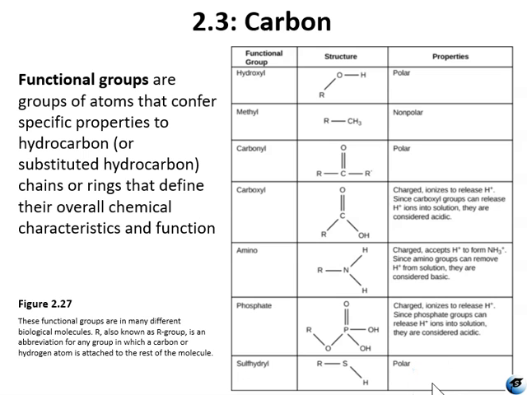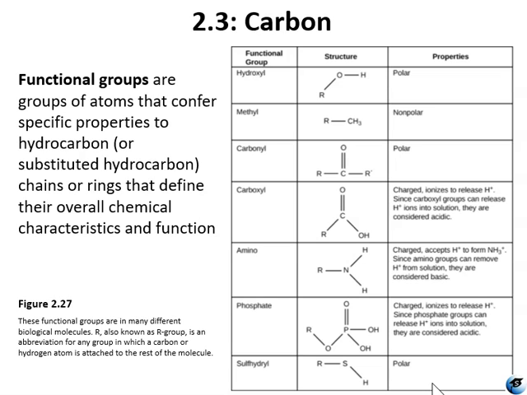So carbon is key in forming functional groups. What's a functional group? Well, these are specific groupings of atoms within molecules that have their own characteristic properties, regardless of any other atoms present in the molecule. Common examples of functional groups are things like alcohols, amines, carboxylic acids, ketones, and ethers.